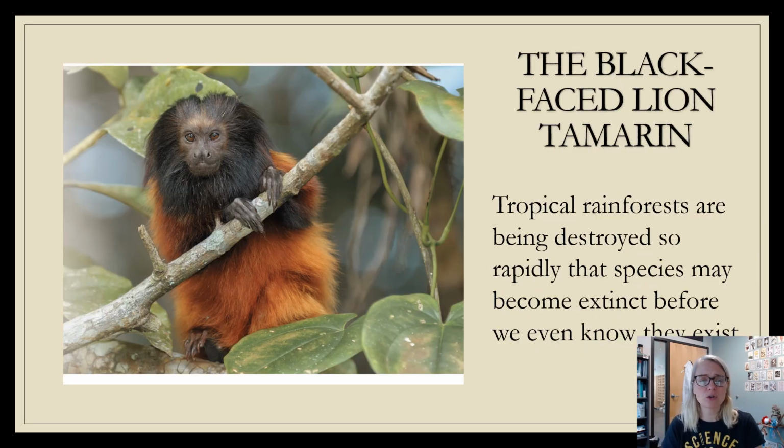And then lastly, just a story. This is the black-faced lion tamarin. It lives in the rainforest on the eastern coast of Brazil, looking at my map over here. One of the drawbacks of classification is sometimes organisms might have gone extinct before we even identified them.